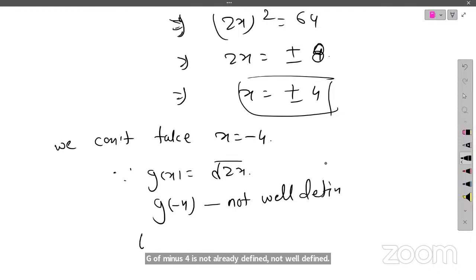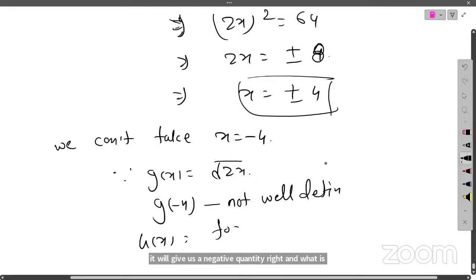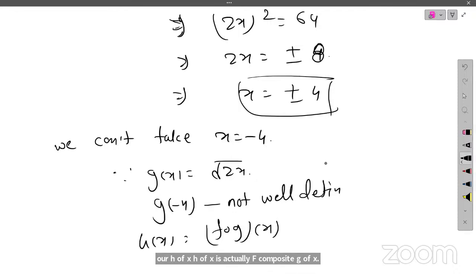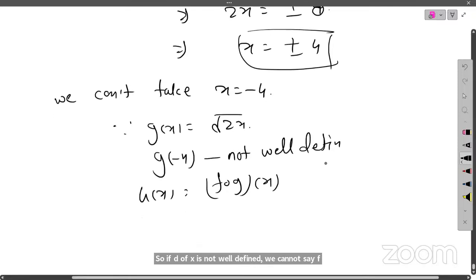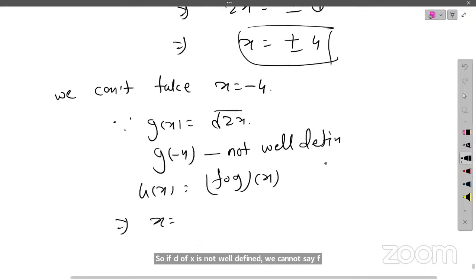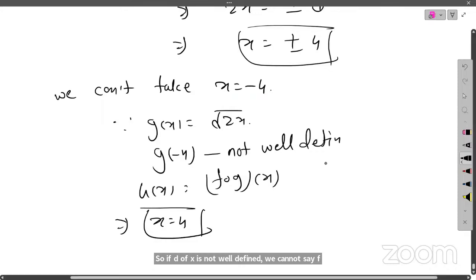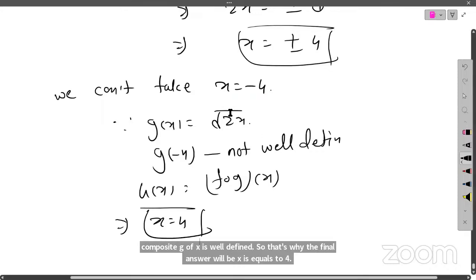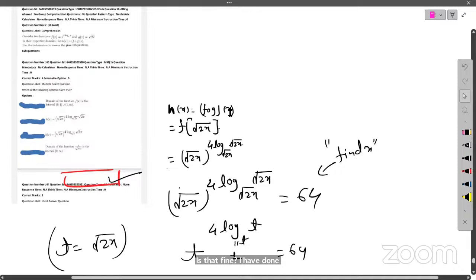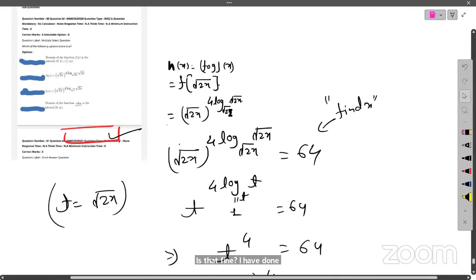And what is our h(x)? h(x) is actually f composite g of x. So if g(x) is not well defined, we cannot say f composite g of x is well defined. That's why the final answer will be x is equal to 4. Is that fine? I have done the calculation correctly, I guess. Yes, ma'am. Okay, fine.